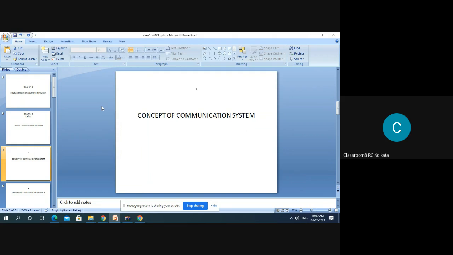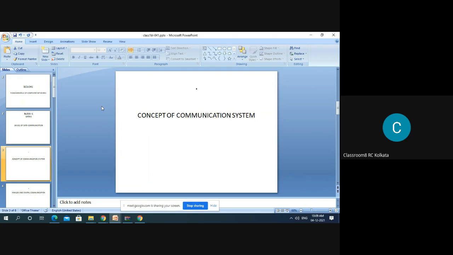So that is the basic idea. I will discuss the components of a data communication system. Data communication is defined as exchange of data between two devices via some form of transmission media, such as cable, wire, or it can be air or vacuum also.